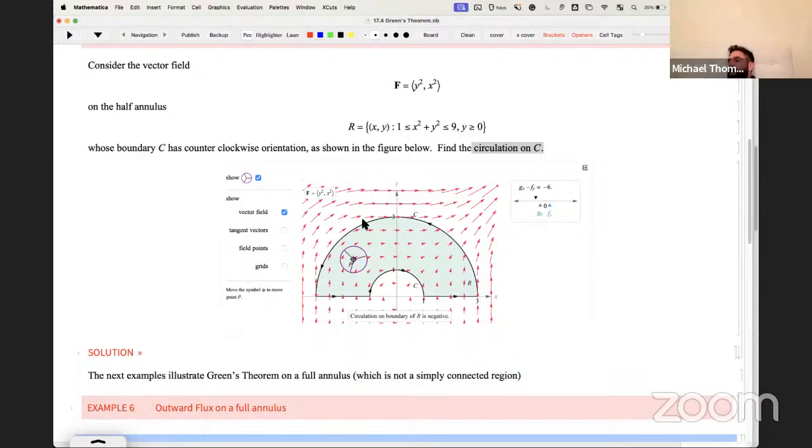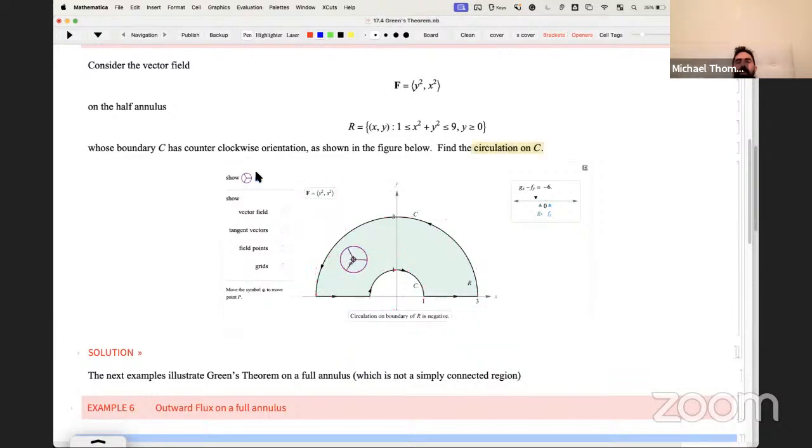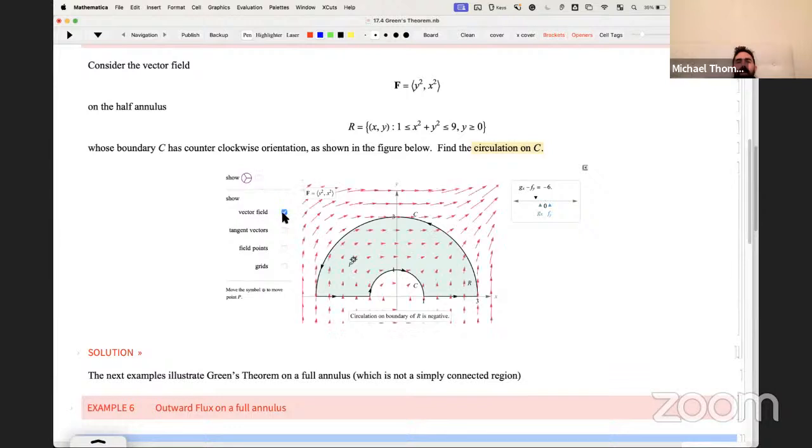All right, so we're going to look at this intuitively first to see if we can take a guess at whether we think the circulation is positive or negative. So let's start by walking along the outside. I'm going to walk in the positive orientation.